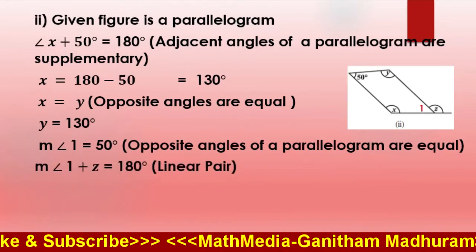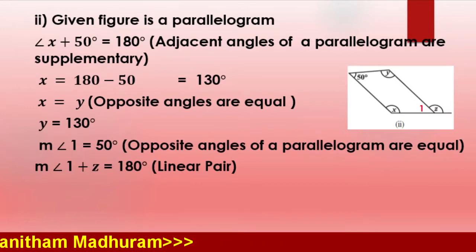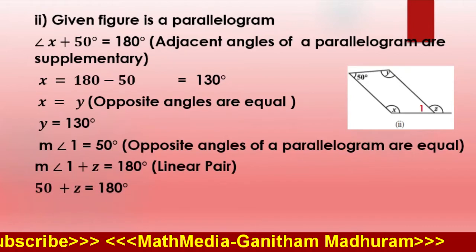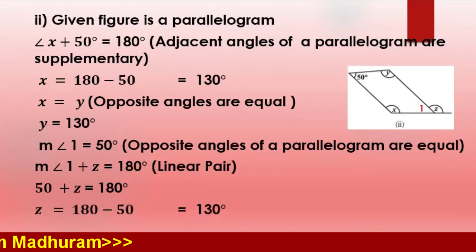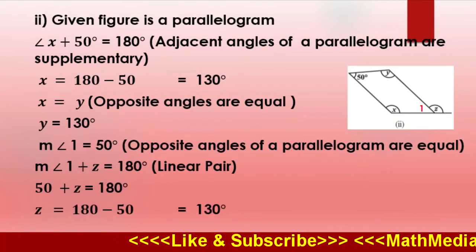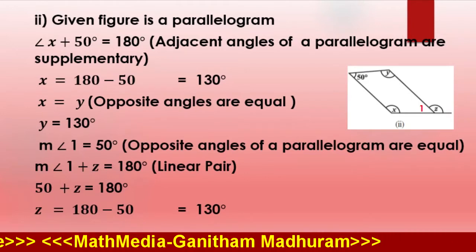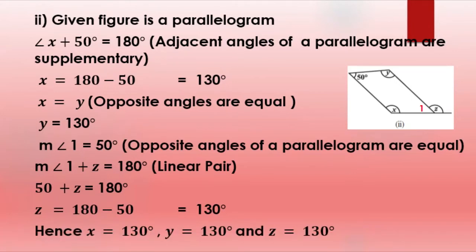Now measure angle 1 plus z equal to 180 degrees, because they form a linear pair. Now substitute the value of angle 1, that is 50 plus z equal to 180 degrees, or z equal to 180 minus 50 equal to 130 degrees. Hence x equal to 130 degrees, y equal to 130 degrees and z equal to 130 degrees.